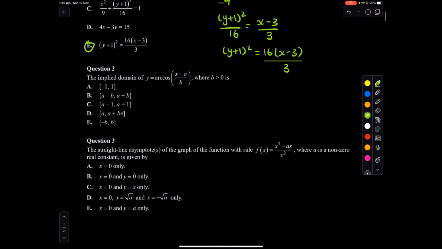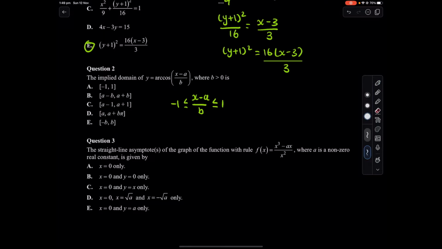Nice. Question 2. The implied domain of y equals arccos of x minus a over b, where b is greater than 0, is what? Okay, this is such a repeating question in exams, and we know that the inside of arccos or arcsine only takes values from -1 to 1. So we can let the inside of the function, x minus a over b, be between -1 and 1, and we can solve for x now.